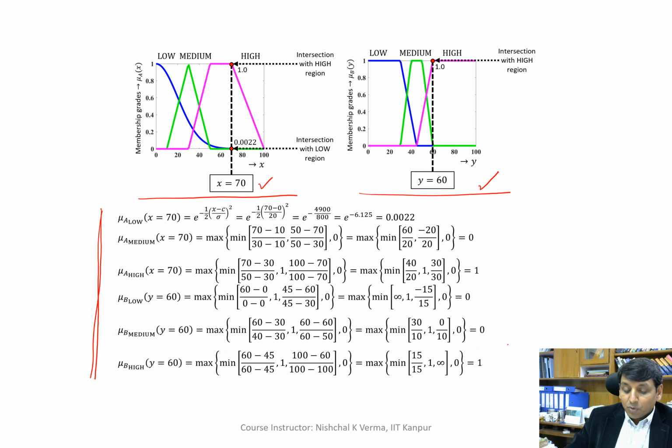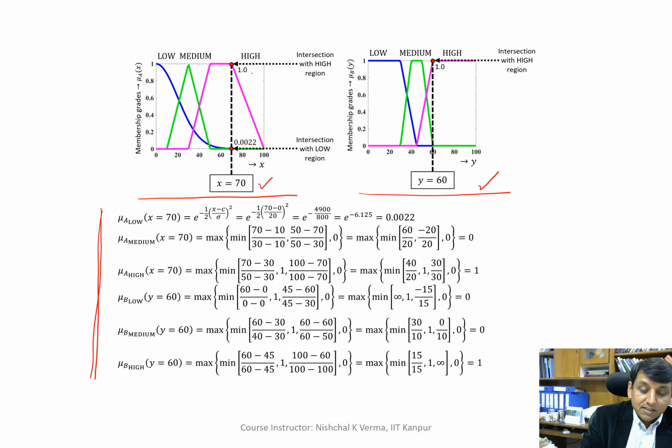Corresponding to x is equal to 70, when we plot this, we see that it falls under two fuzzy regions.